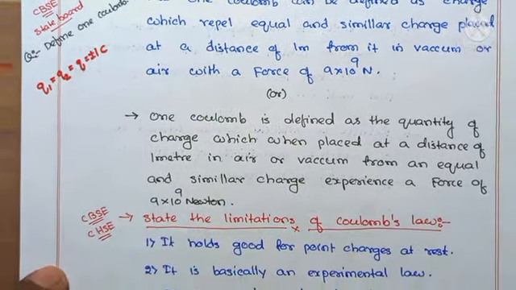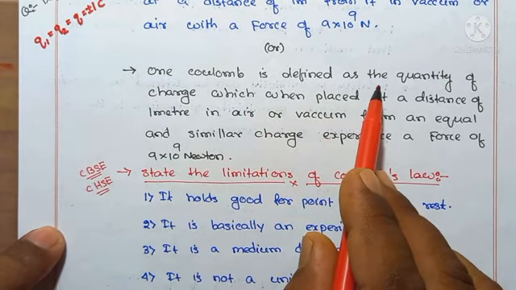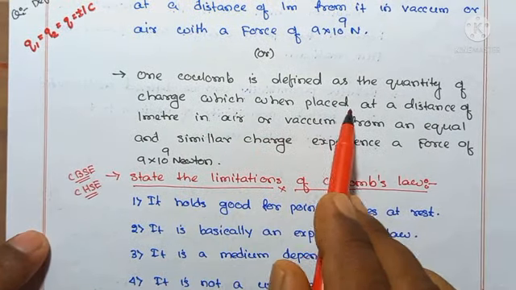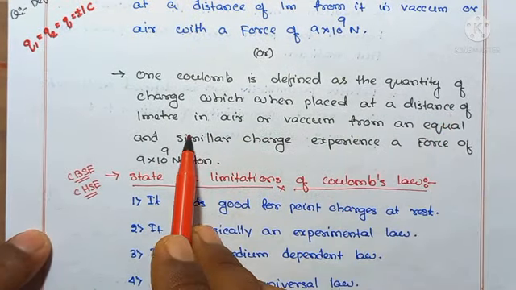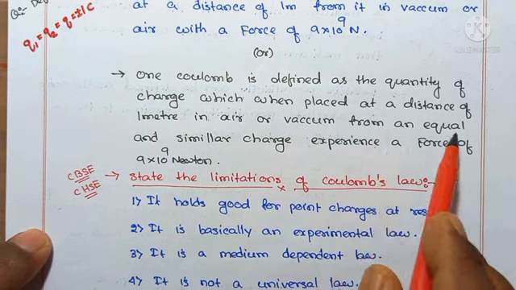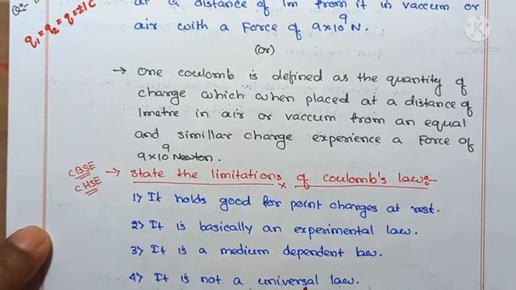It can also be defined as: 1 coulomb is that quantity of charge which, when placed at a distance of 1 meter in air or vacuum from an equal and similar charge, experiences a force of 9 into 10 to the power 9 Newton.